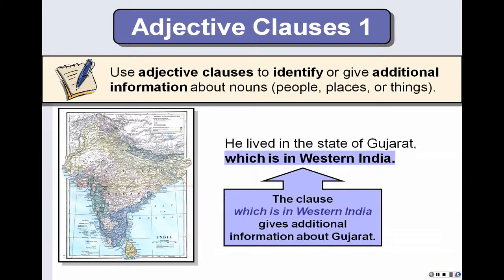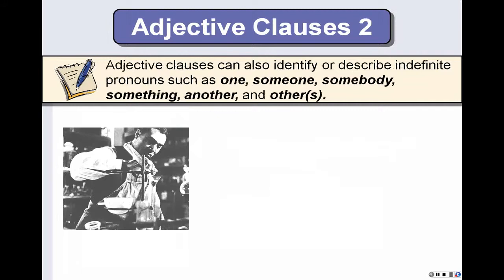He lives in the state of Gujarat, which is in Western India. The clause, which is in Western India, gives additional information about Gujarat. Adjective clauses can also identify or describe indefinite pronouns such as one, someone, somebody, something, another, and others.